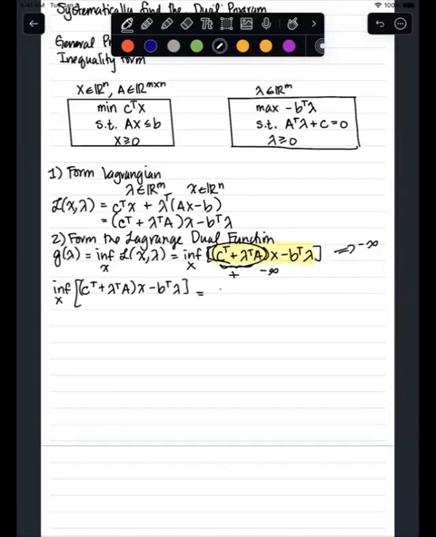So our answer is going to be negative b transpose lambda if c transpose plus lambda transpose A equals 0, and negative infinity otherwise.